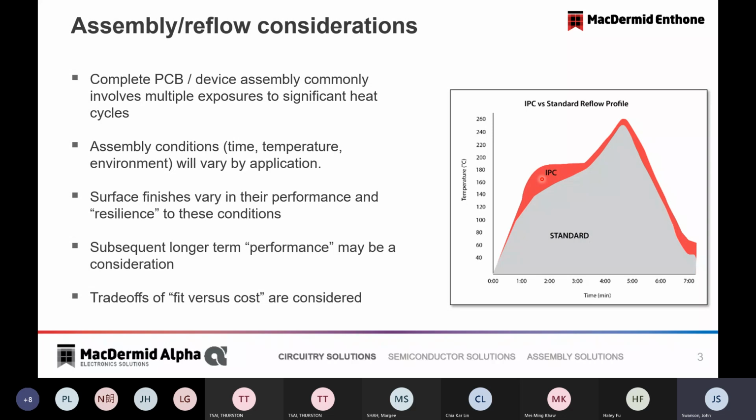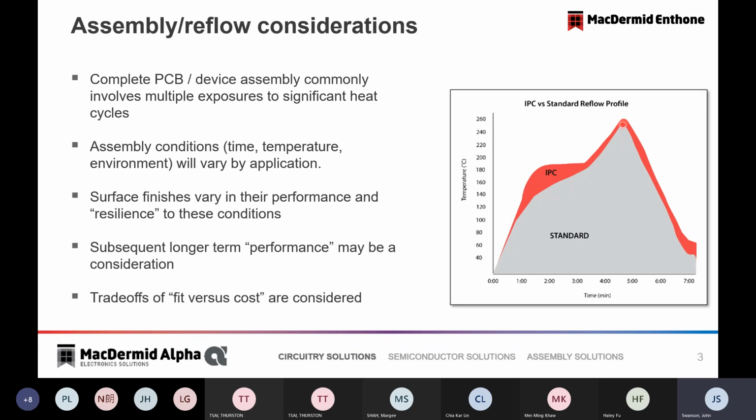The point of my communication here is to highlight that when you're thinking about a surface finish, you should think about the application, the assembly application. You should think about the number of exposures to assembly cycles that the finish will see, and you should think about the specifics of that cycle.